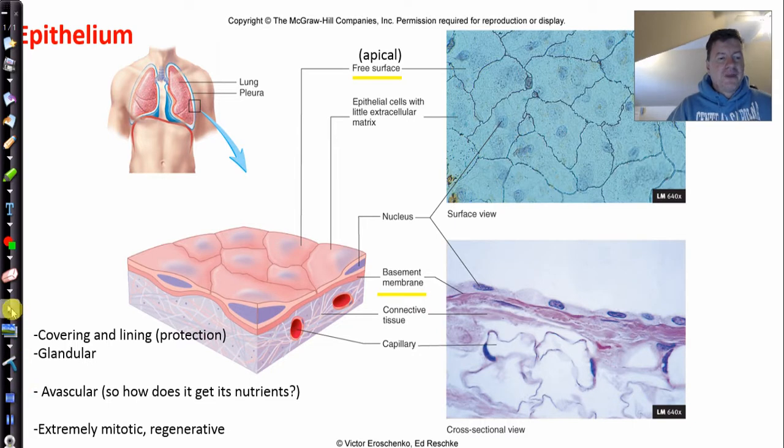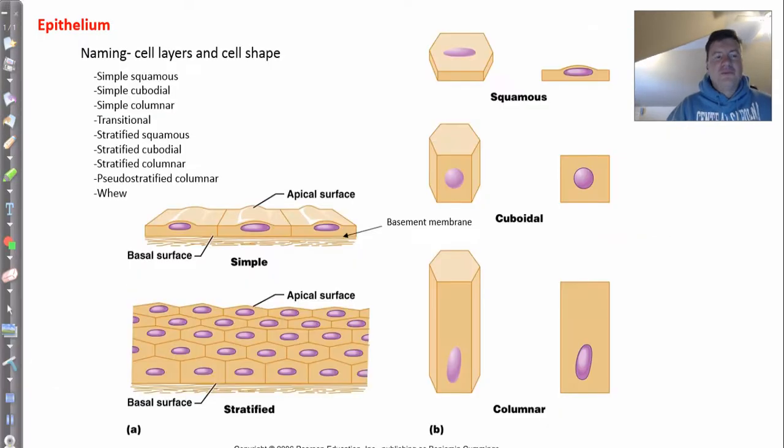All right, one of the things that makes epithelial tissue somewhat unique is how we name it. When we try to name epithelial tissue, we have to pay attention to several things. We'll start with the cell layers and the cell shape. We have a term that we use whenever we want to talk about the cell layers.